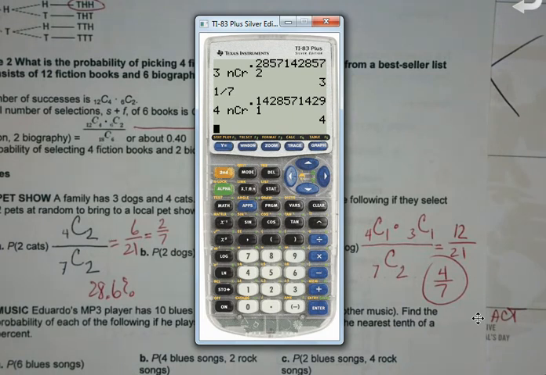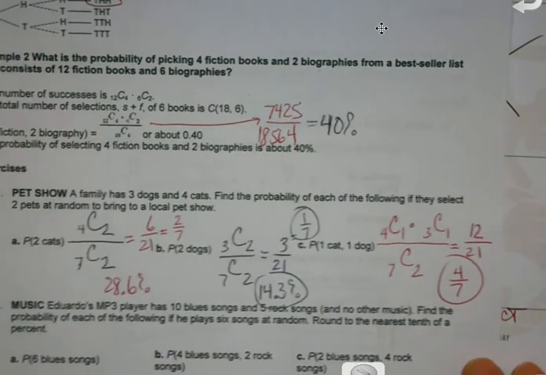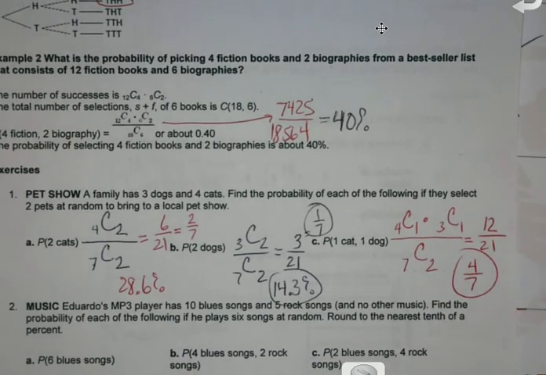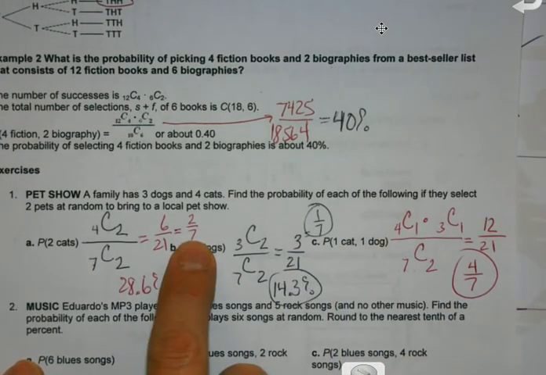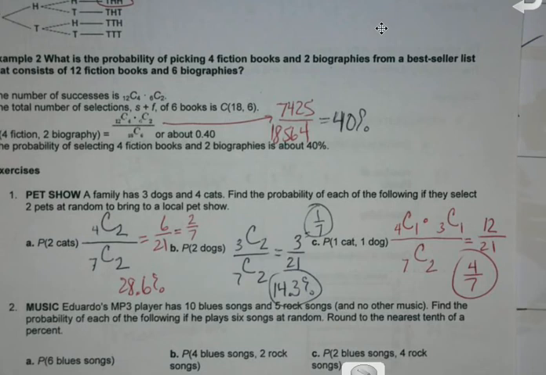And if you try the probability of every possible combination, if I'm going to select 2, I'm either going to get 2 cats, 2 dogs, or 1 cat and 1 dog. They should add up to 1 whole. 4/7 and 1/7 is 5/7, and 2/7 is 7/7, or all of them. So I know for sure that I've done it right, they all add up. But the only way that works is if I've checked out the probability of every possible situation. Okay? So again, nothing going too bad.